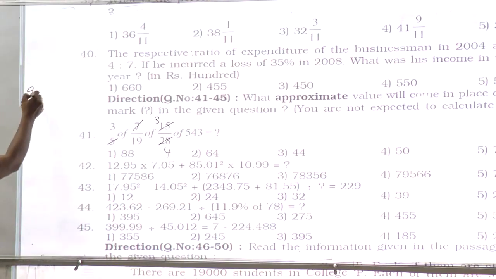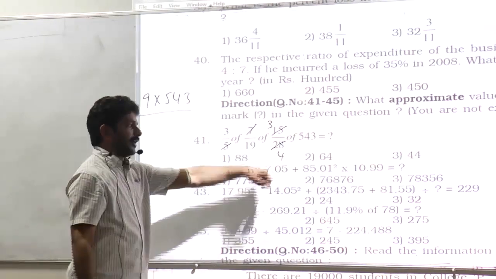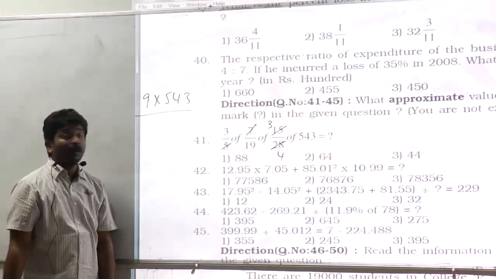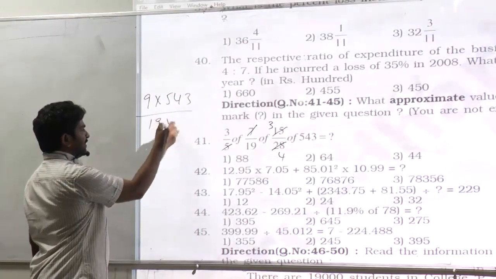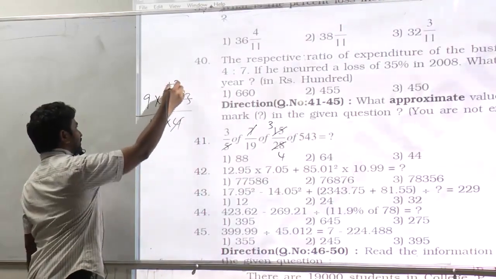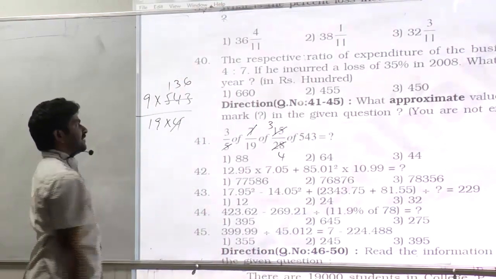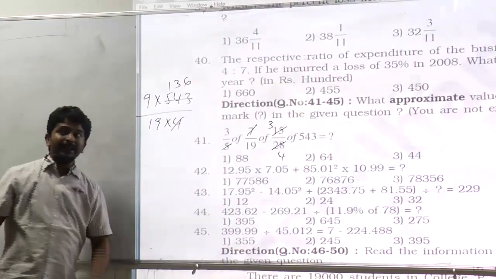So let's write it as 9 into 543 by 19 4 times. Otherwise keep it like this, 19 4 times. Cancellation with 4. 1s. 3. 6. 136. Cancellation with 19. 19 10 times?